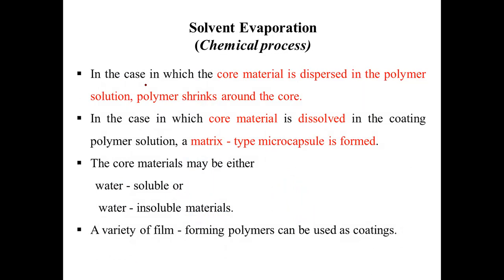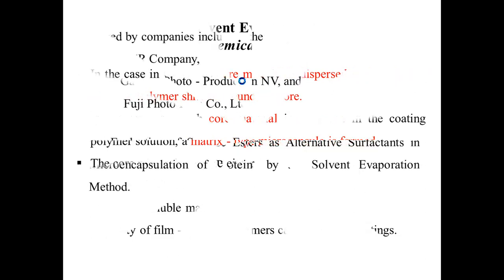So there are a variety of film forming polymers that can be used as a coating for the solvent evaporation method. We can use polyvinyl pyrrolidone, carboxymethyl cellulose, methyl cellulose, or we can use paraffin, carnauba wax or beeswax. Shellac is most commonly used for the solvent evaporation process.